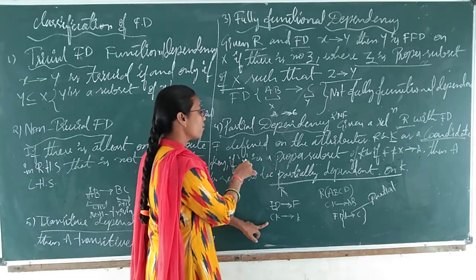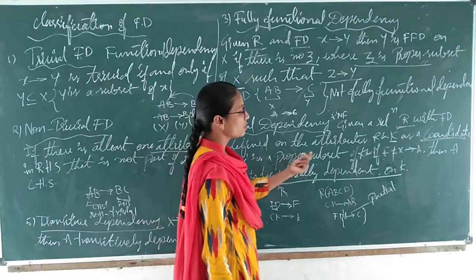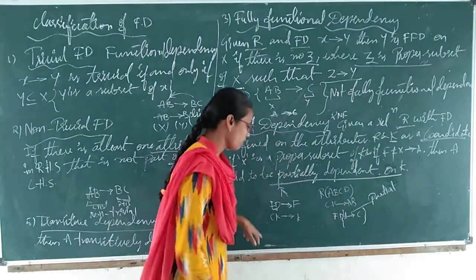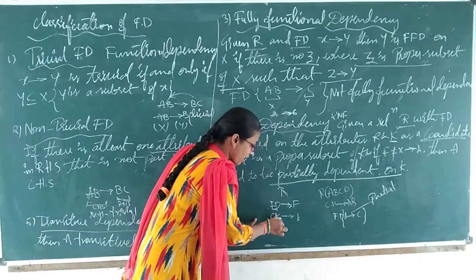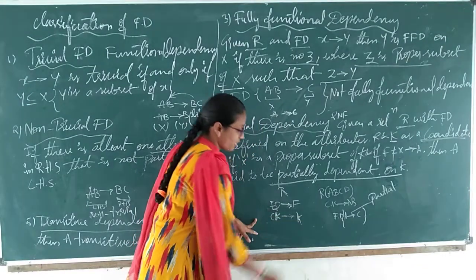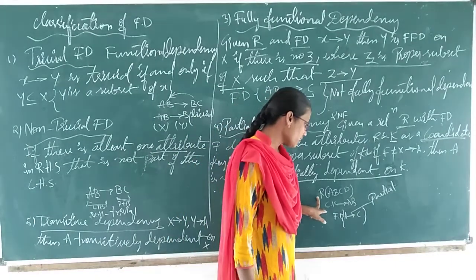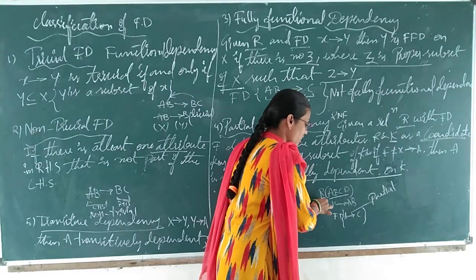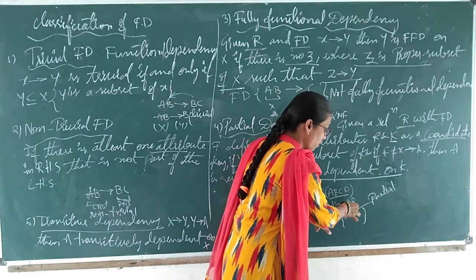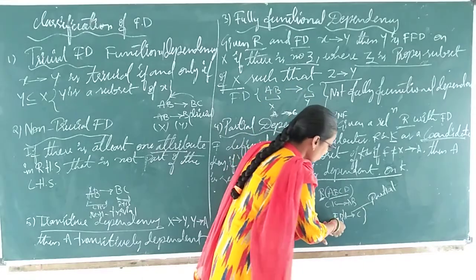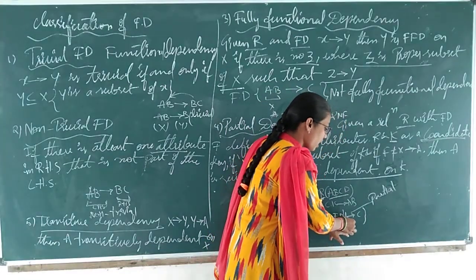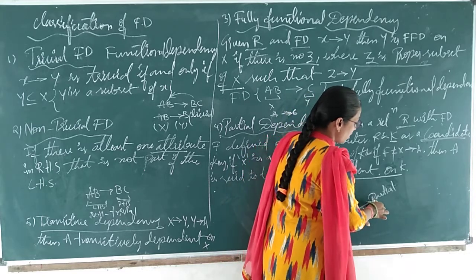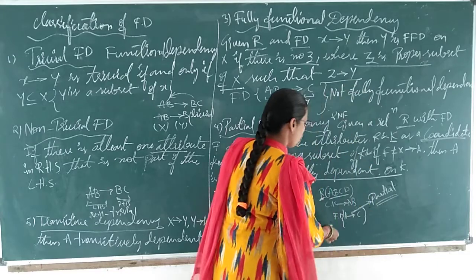Next, if X is a proper subset of K and if F is not equal to X determines A. Here, R is a relation with attributes A, B, C, D. CK determines E, D. Now the functional dependency A determines C means it is a partial dependency on this.